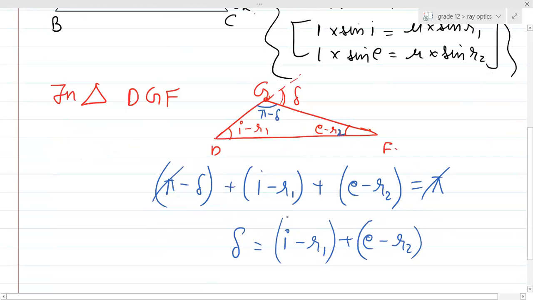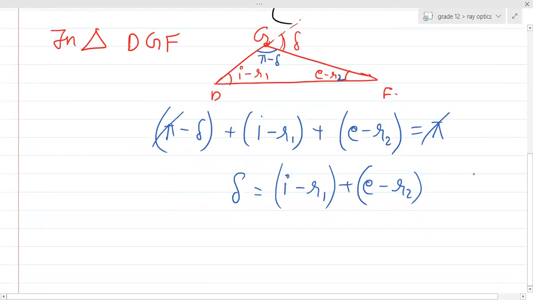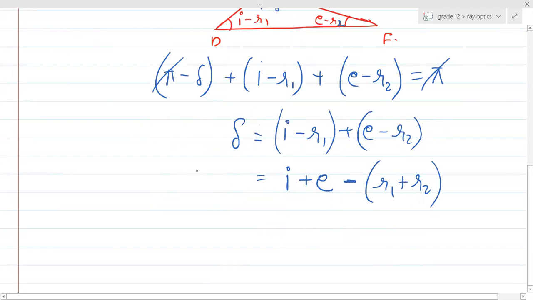It can be proven directly with something called the exterior angle theorem, but let that go, I didn't complicate it. So this is I plus E minus R1 plus R2, right? Can I write it like this equation? So from here, can you see this delta is basically I plus E minus, and what is R1 plus R2?